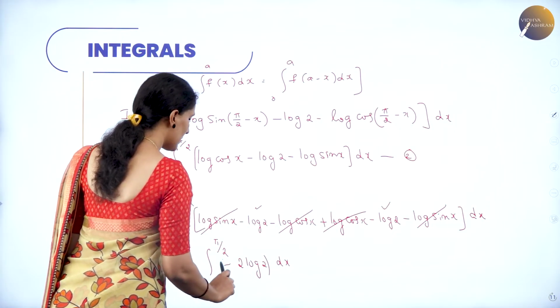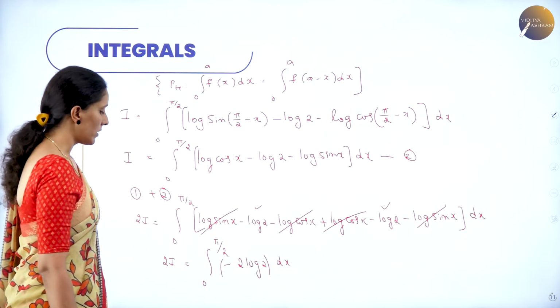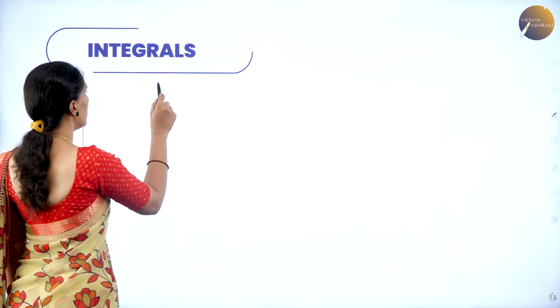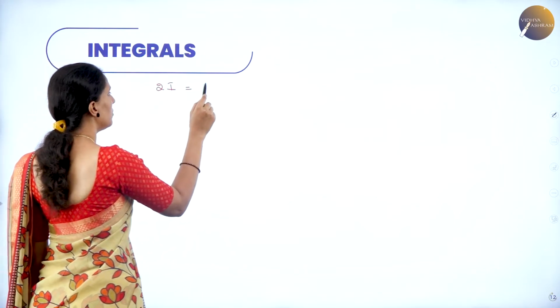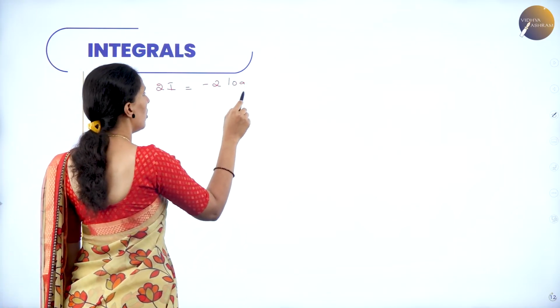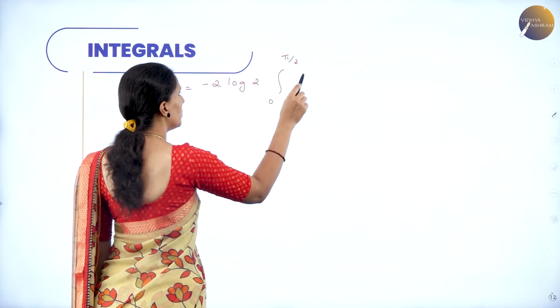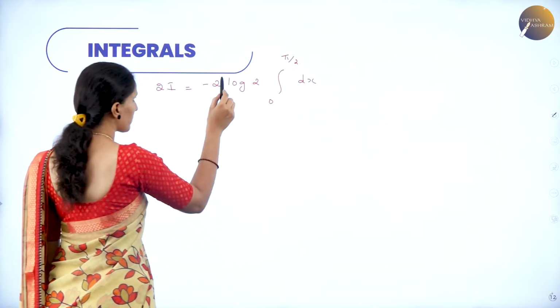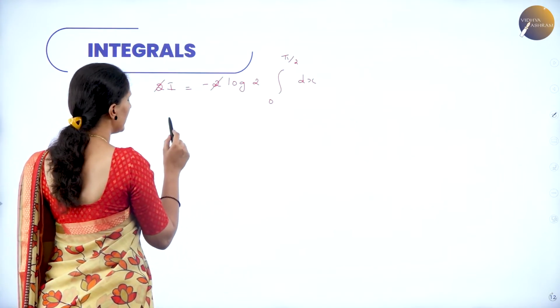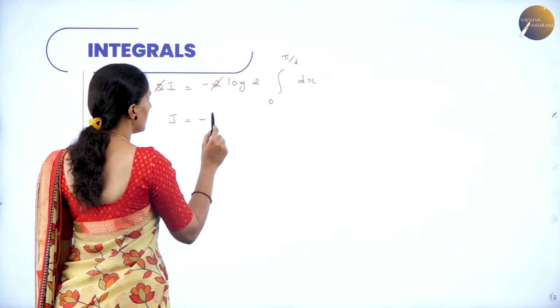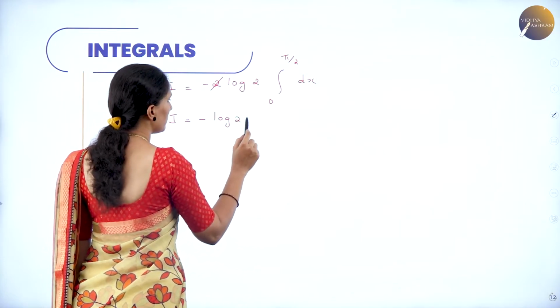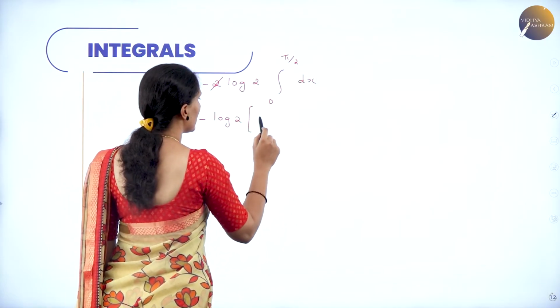Let me take this outside because they are all constant. So 2I is equal to minus 2 log 2 times the integral from 0 to pi/2 of dx. The 2 cancels here, so I is equal to minus log 2. What is the evaluation of this integral?